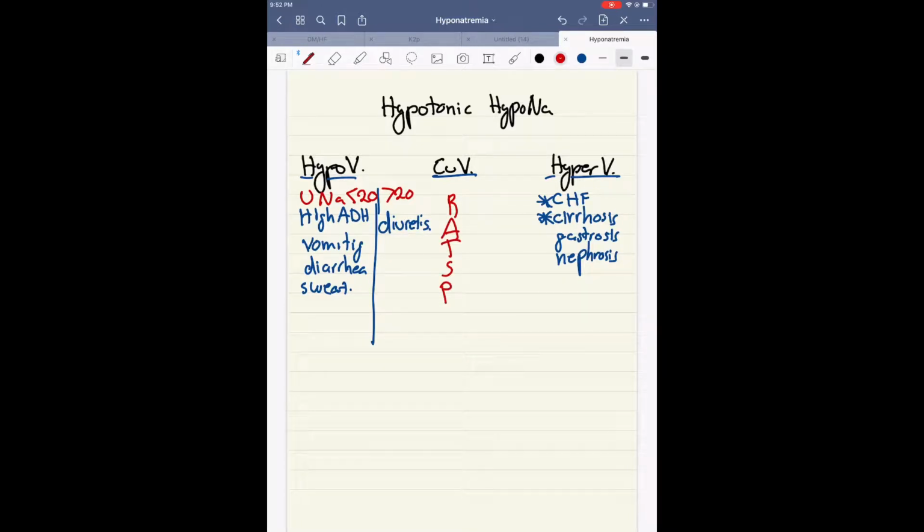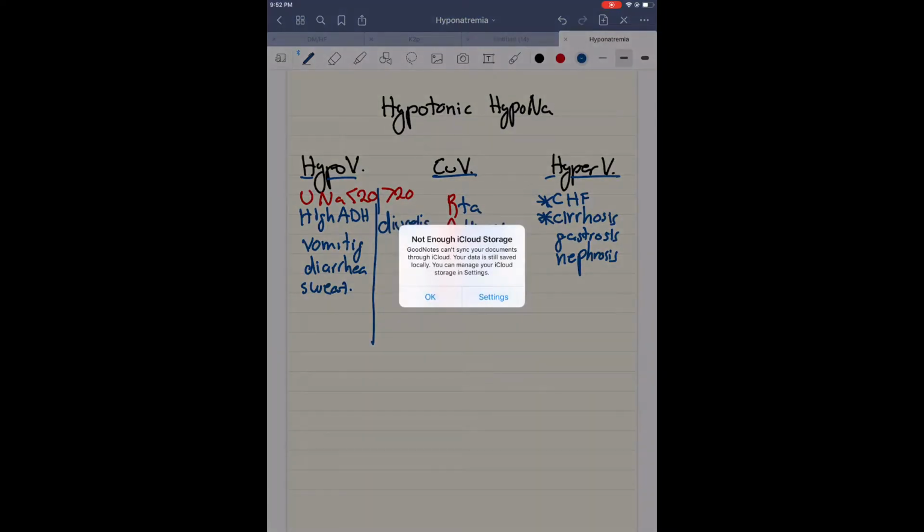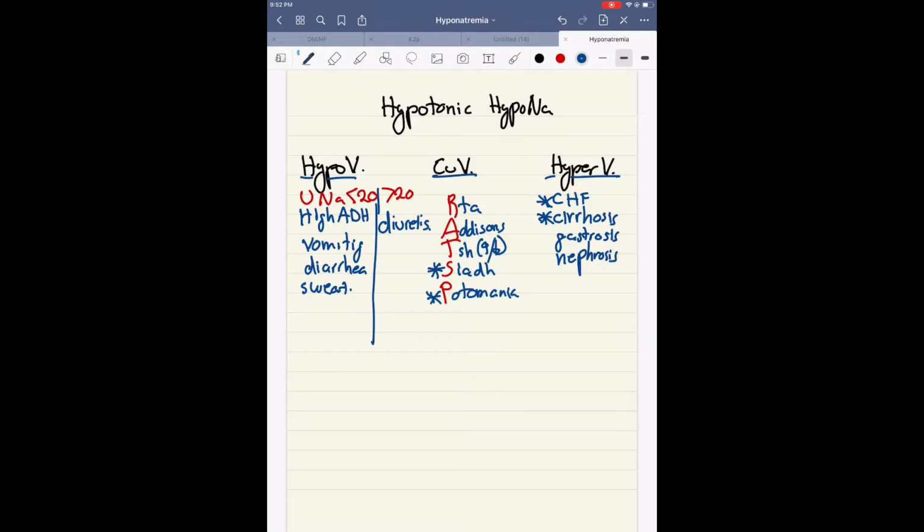RATS-P basically stands for RTAs, Addisons, TSH, either high or low, so hyper or hypothyroid, SIADH, or potomania. In the wards, I see SIADH and potomania quite often, and this is really our basis for our differentials.